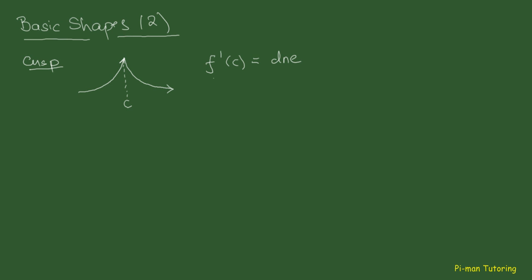But as you can see, this actually represents a local maximum, because we have got positive on one side of the critical point and a negative slope on the other side. Positive going to negative is max.